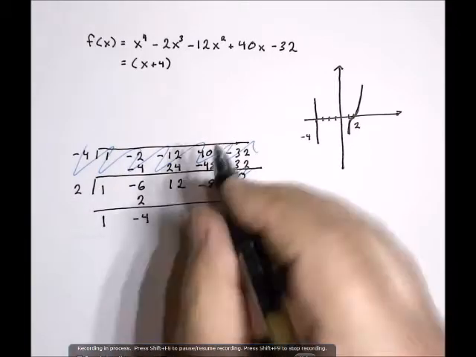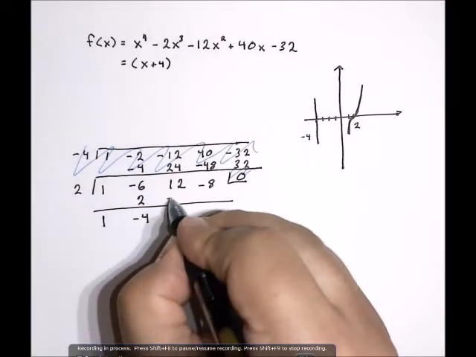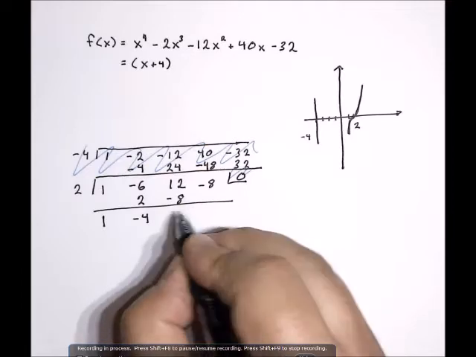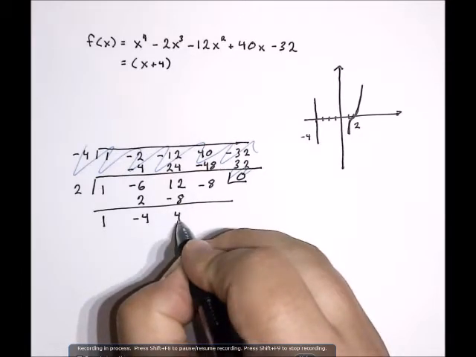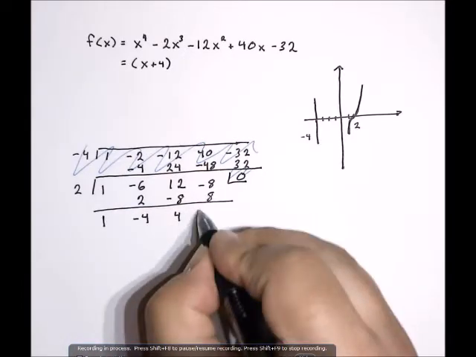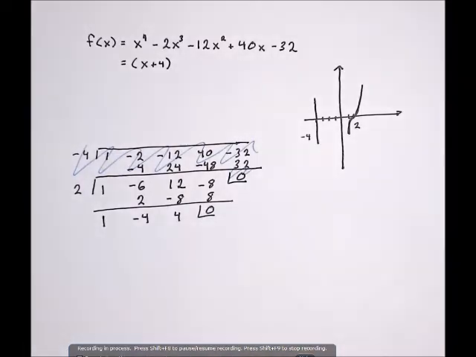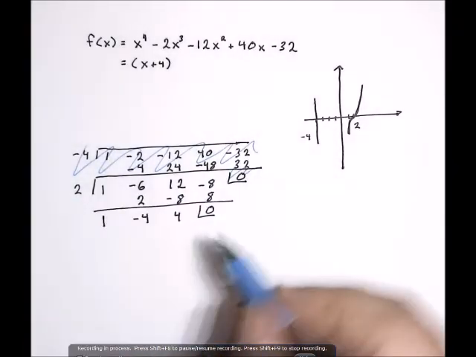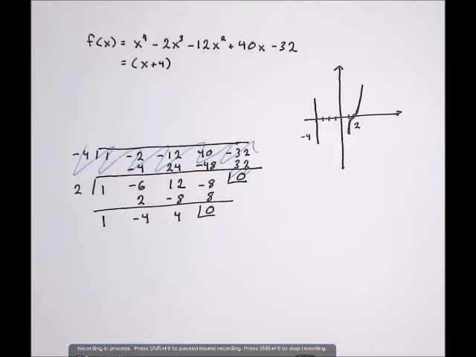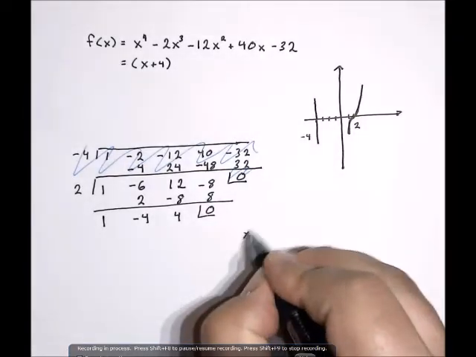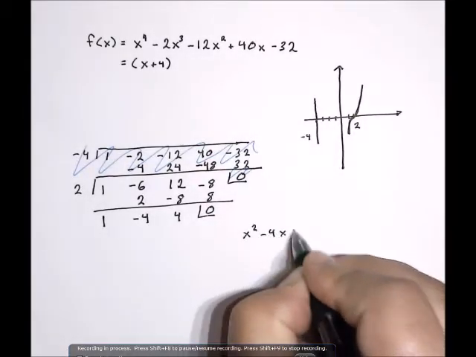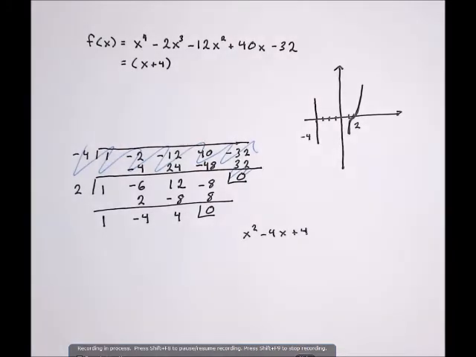Multiply by 2, bring it up here. Add them together. Multiply by 2, bring it up here, and 2 is indeed a 0. And I'm left with x squared minus 4x plus 4. And somehow I have to get 2 zeros out of this.